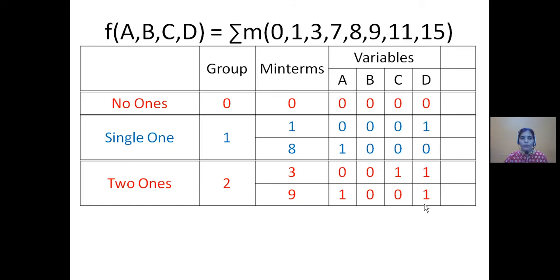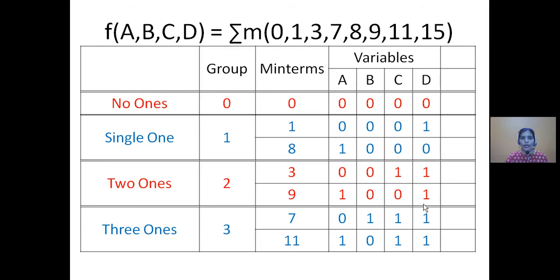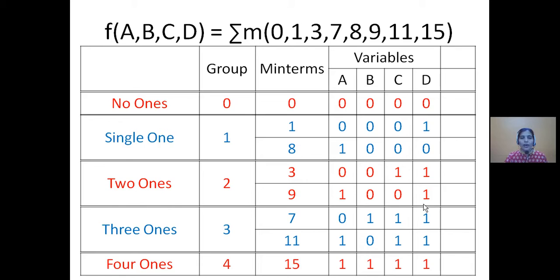Similarly, we form a group of those min terms where there are three ones, and these min terms are 7 and 11. And then the last group, which is of 4 ones, is that of 15, because that's the only min term of 4 variables which can have all 4 ones, and that is included in this particular expression.